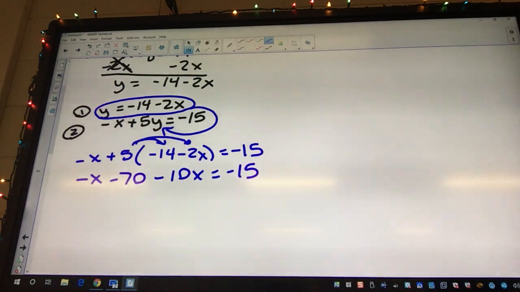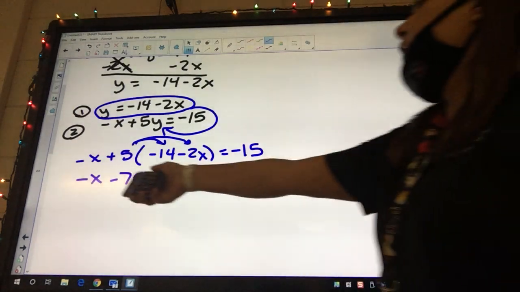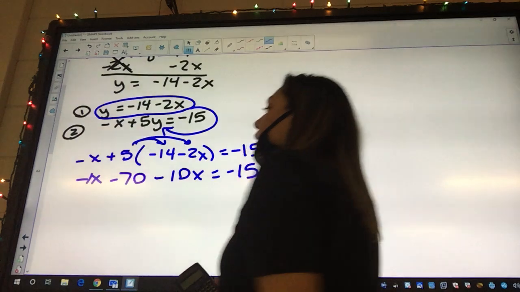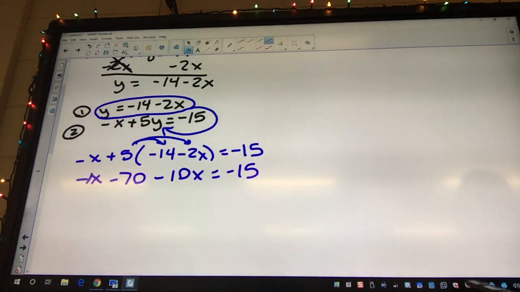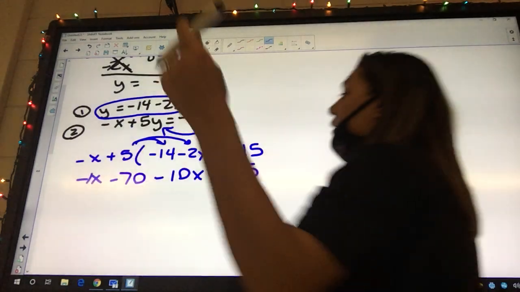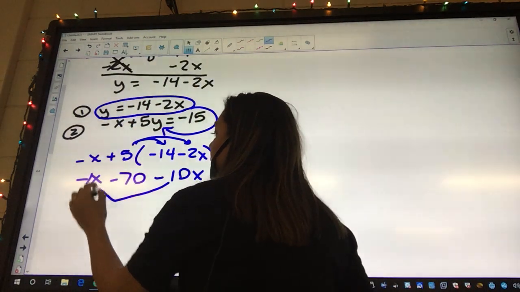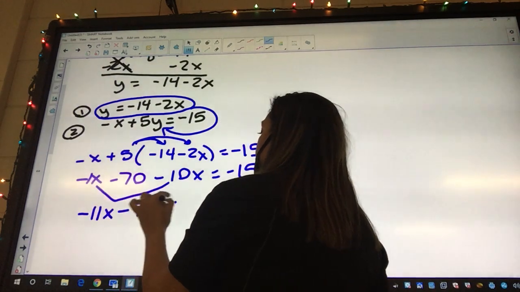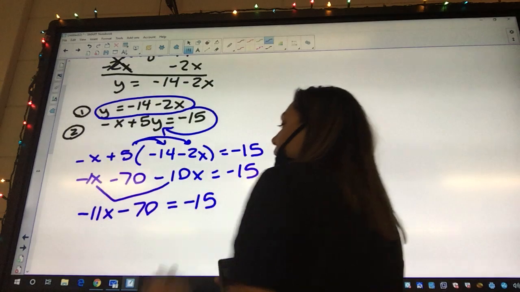Okay, it would probably help yourself out. What can you write in front of this x? A 1. Okay, it would probably be smart of you to write a 1 there. Okay, what's our next step? Combine like terms, and then you're a step ahead of me, mister. So I got negative 11x minus 70 equals negative 15.